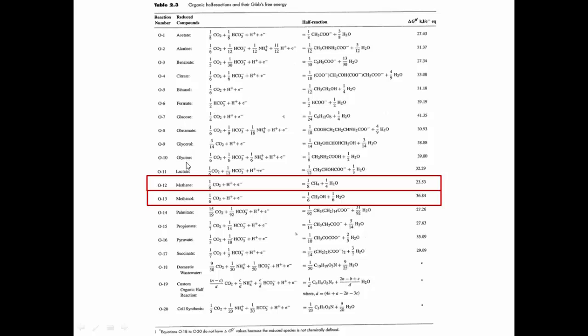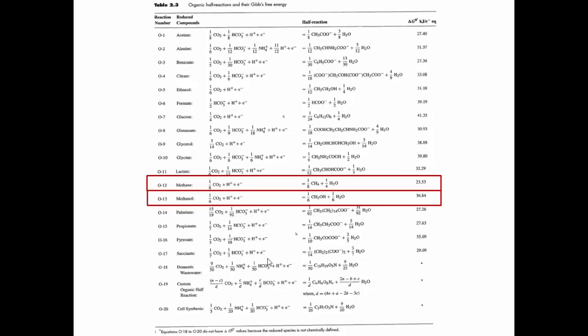Once you know your compounds, you just go to the table, look for those compounds, and it doesn't matter if, let's say pyruvate, it doesn't matter if the equation looks scary or unreasonable to you. Once you're dealing with pyruvate conversion to, let's say, ethanol, you just pick the half reaction of pyruvate, you pick the half reaction of ethanol, and then you combine them. I hope I'm making sense.